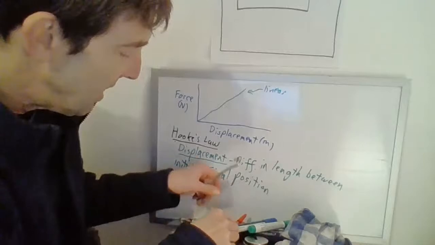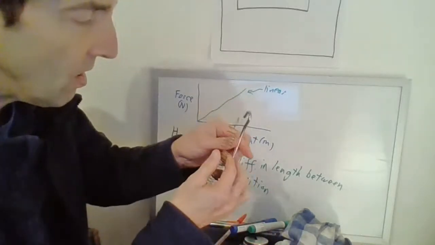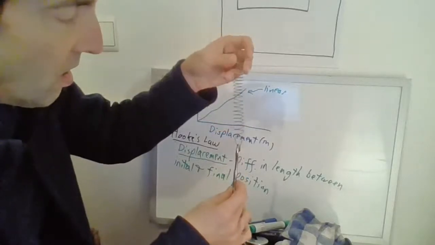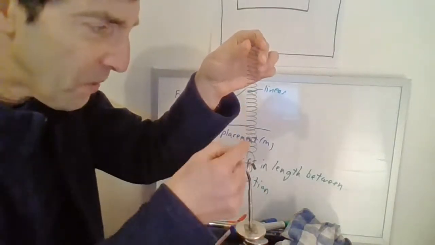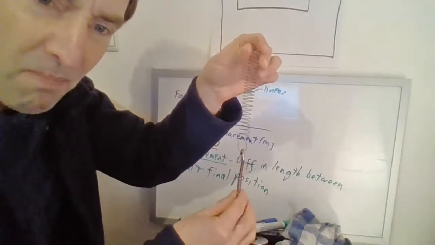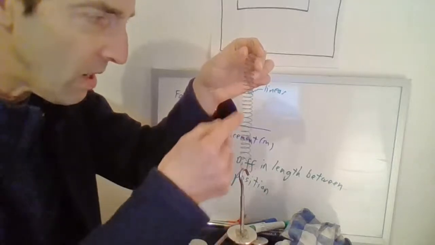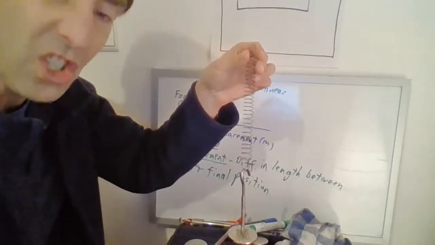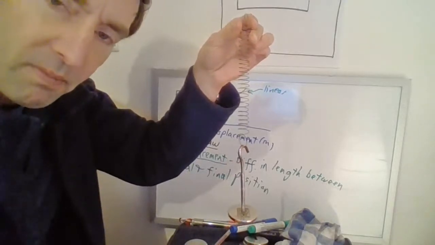If I had here a stiffer spring, so here's my question for everybody. If I had a stiffer spring and I put the same masses on, what would happen to the displacement if the spring was stiffer? Would the displacement be more or less? What do you think?